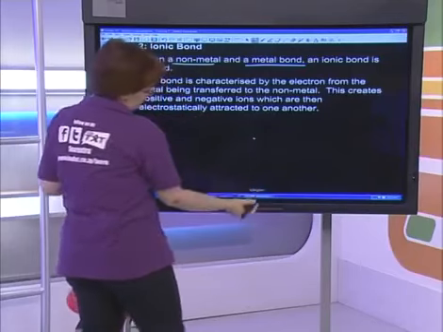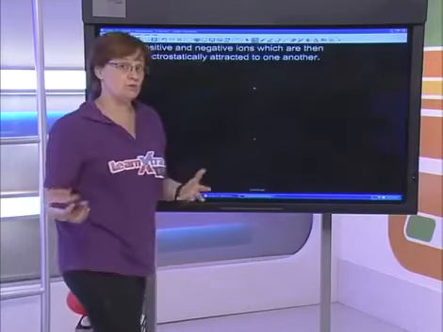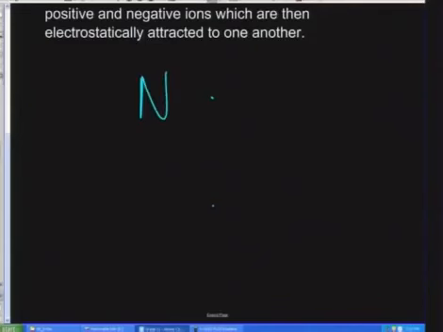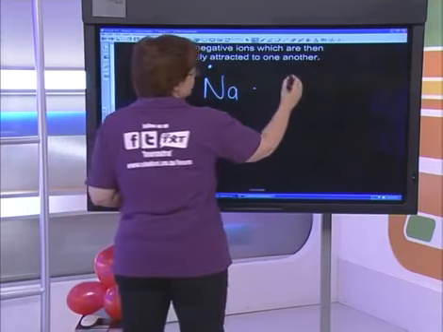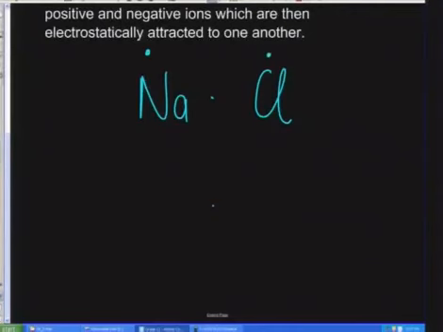Now, an example of this would be something like sodium chloride. Sodium is in the first group, so sodium has one lone little electron in its valence shell, okay, its outer shell has one valence electron. Chlorine comes along, and chlorine, like we've said already, has 7.